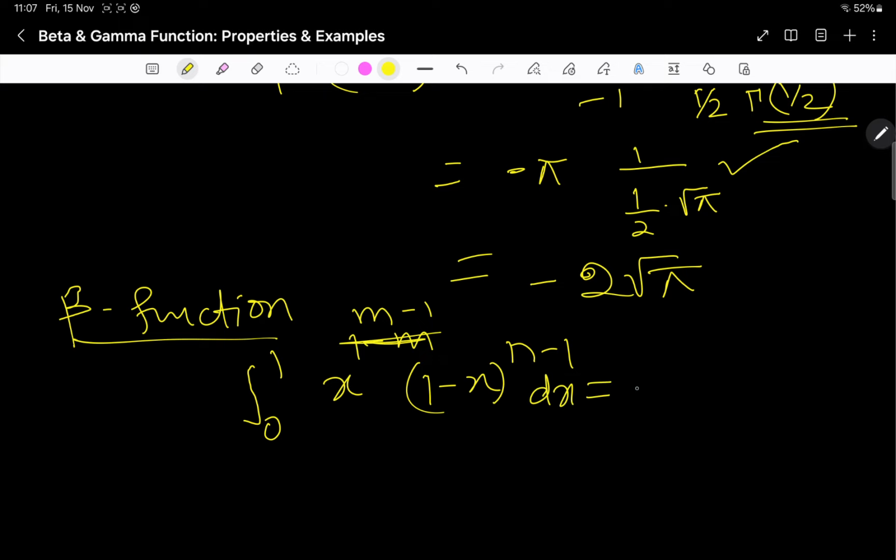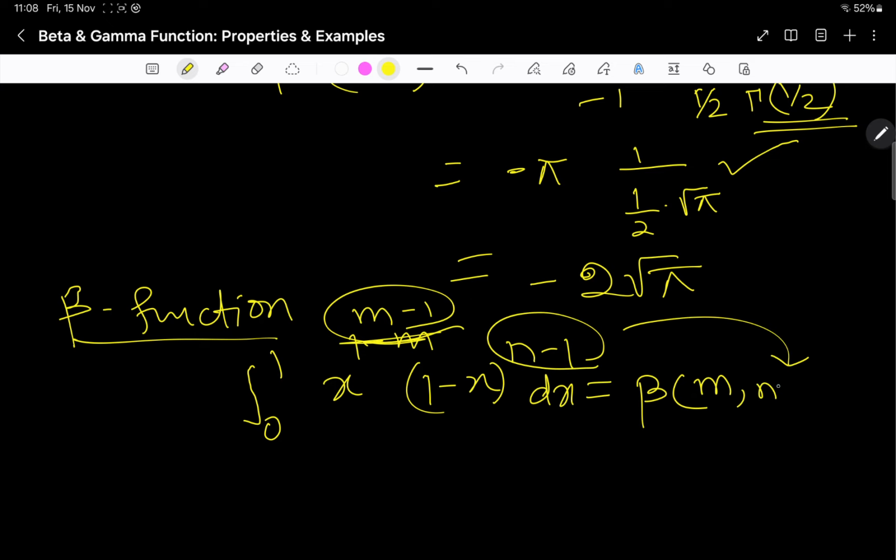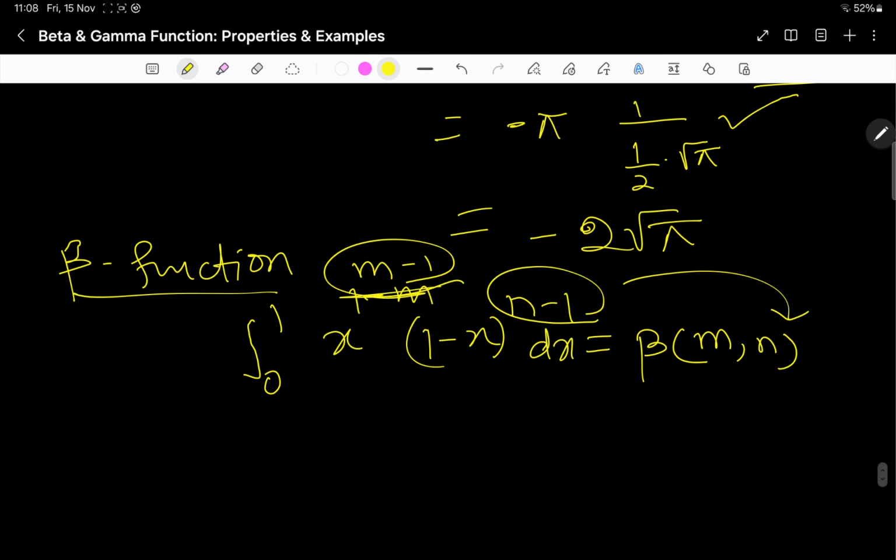It will be equal to beta of m, n, as I have told you, where each exponent increases by 1.